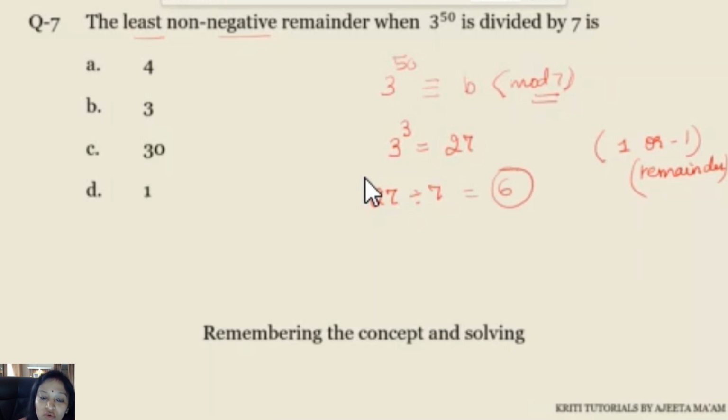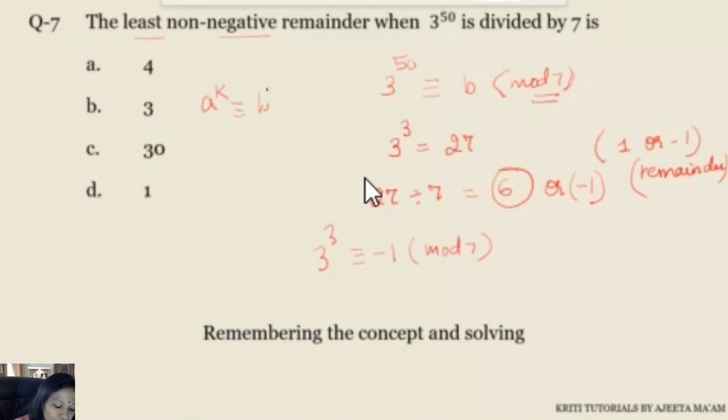And as we all know, 6 is equivalent to minus 1. So we are getting the remainder minus 1 for the power 3 cube. So we can write 3 cube congruence modulo 7 is minus 1.